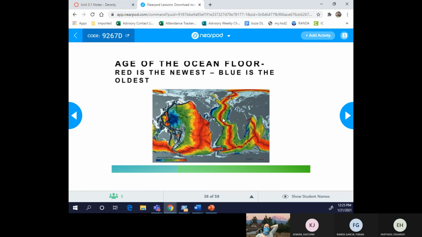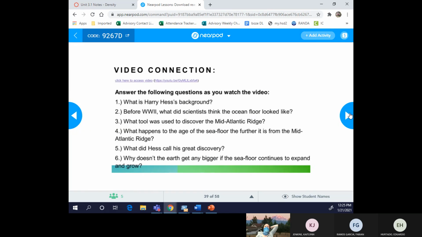So we have our Mid-Atlantic Ridge right here. What happens to the age as it goes this way? Yeah, it gets older, progressively older.